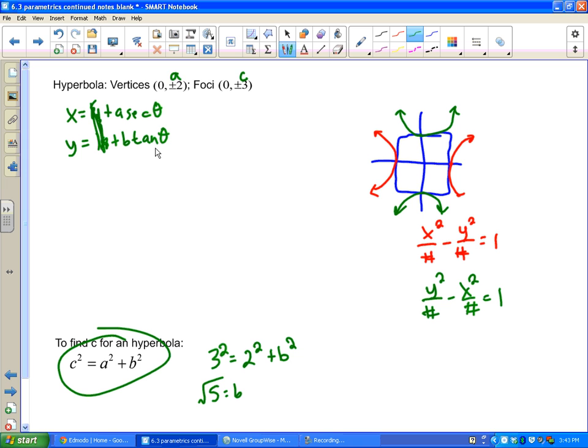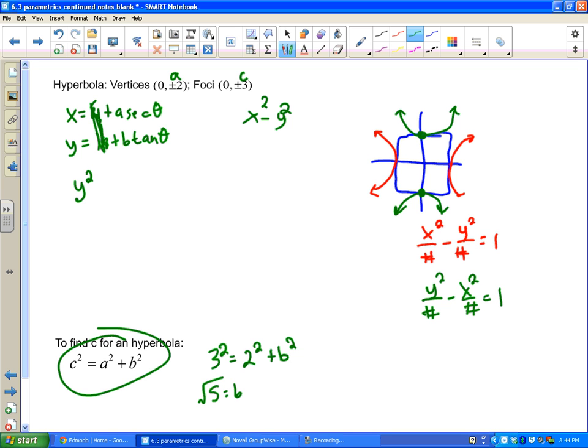But the thing is that this is set up so that we end up with x squared minus y squared. Look at what you get for the standard form. If we think about vertices at plus or minus 2 on our y, that's a vertex here and a vertex here. So what we need to do is put y first.